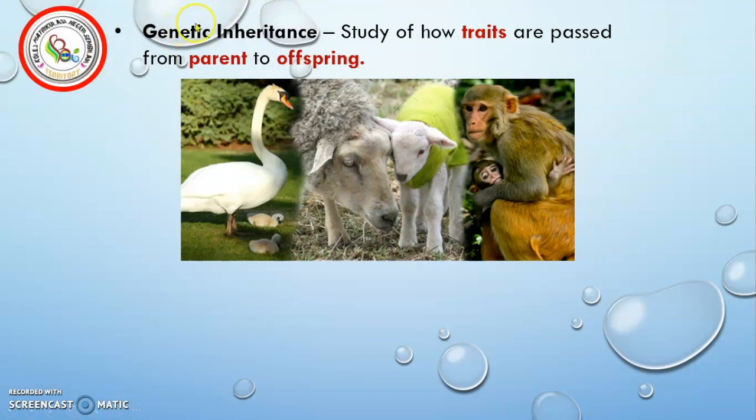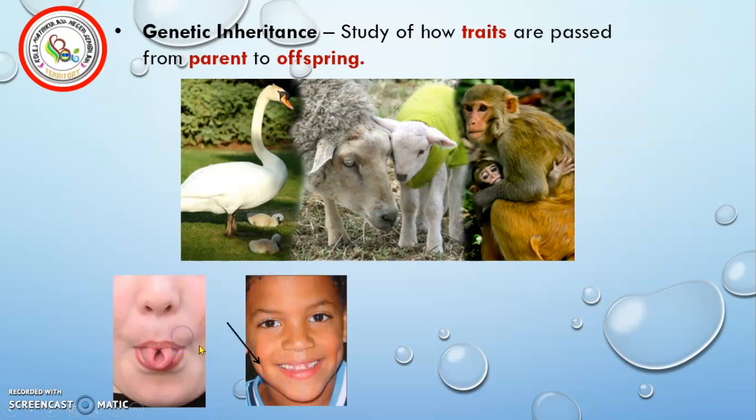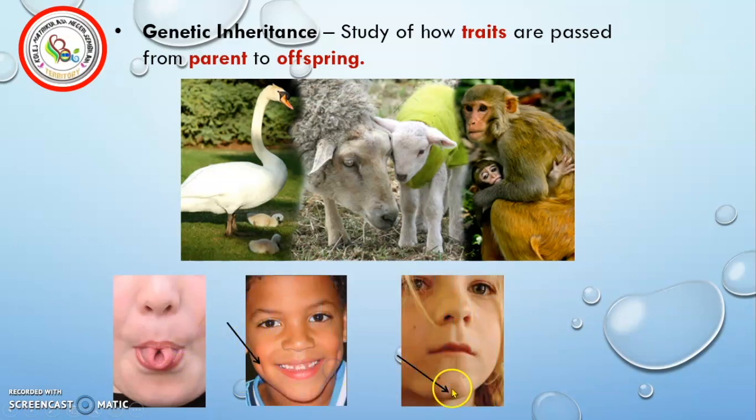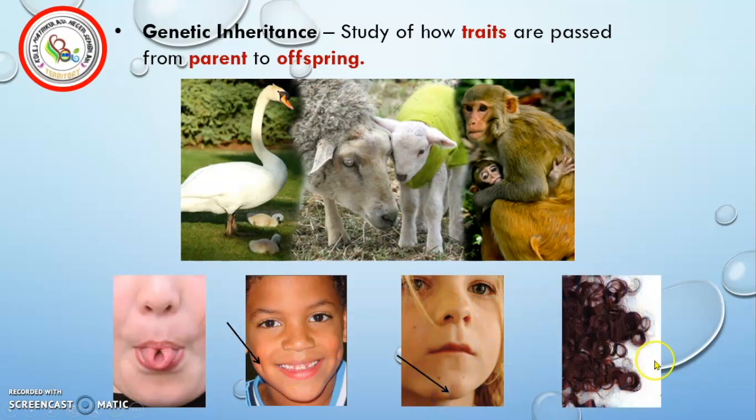We know that many people's characteristics are influenced by genes. So, genetic inheritance is the study of how traits are passed from parent to offspring, including tongue rolling, dimple, cleft chin, and hair color.